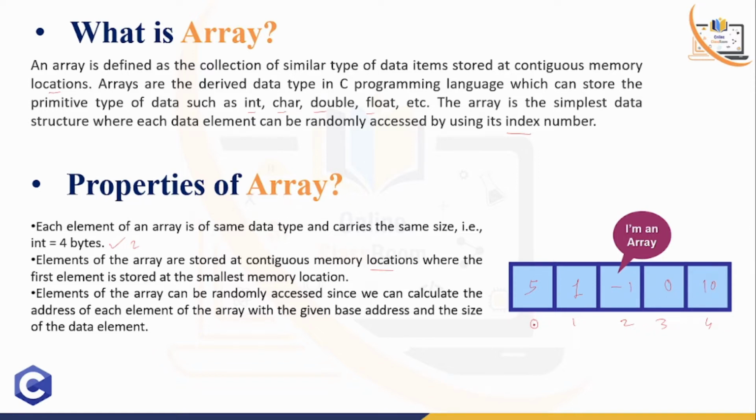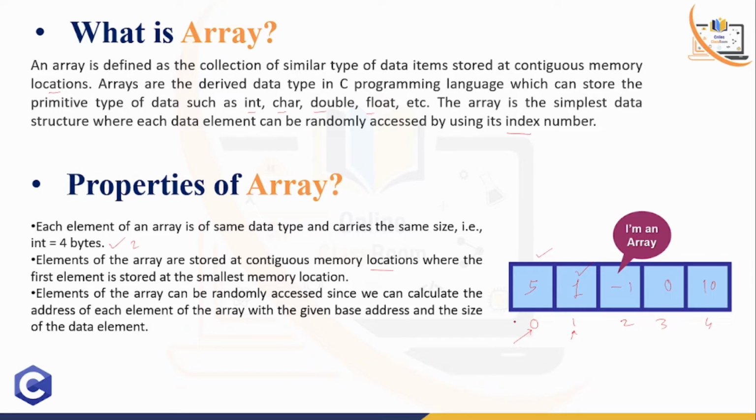If I ask what number is stored at position 0, then your output will be 5. If I ask which number is at index position 1, then we can say it is 1. Okay, and contiguous means one after another.